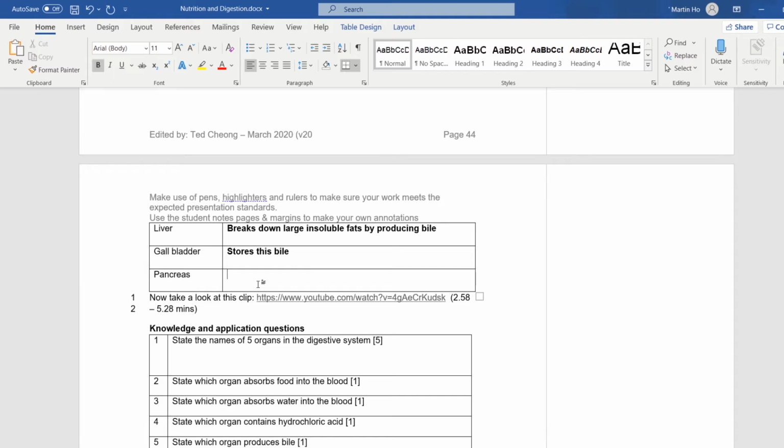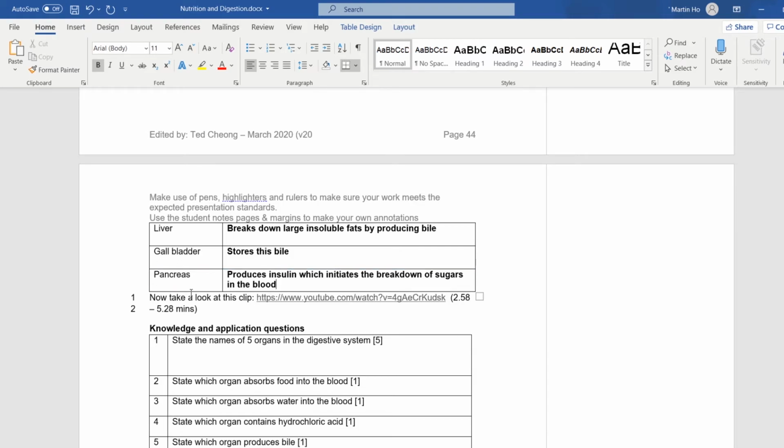Lastly, we have the pancreas. The pancreas produces insulin, which initiates the breakdown of sugars in the blood. If you are unfamiliar, we did talk about it in lesson 6.